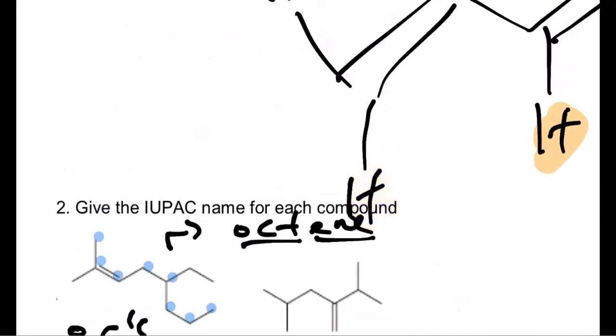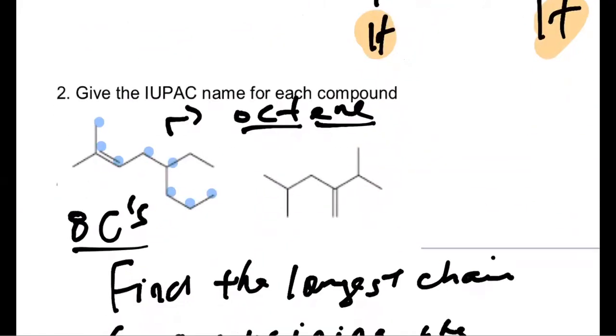Anybody disagree with that? No. All right. So octene is my parent. Now we need to set about figuring out where the double bond is, because we gotta give that double bond an address, and we gotta figure out if there's any other things attached to that chain. So if the 8 carbon chain is outlined in blue, are there any other substituents attached to the chain that you can see?